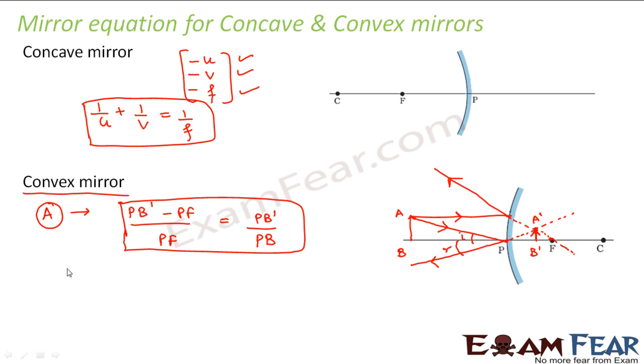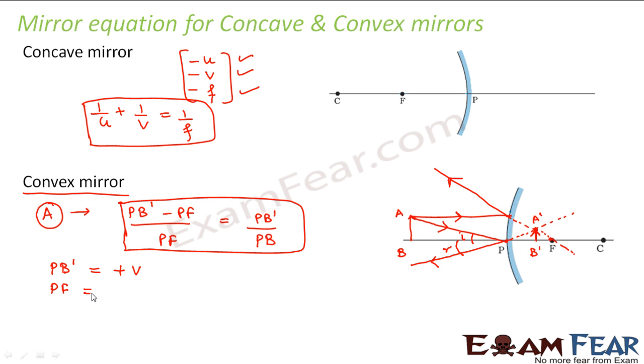So in this case, for a convex mirror, what will happen to these values? PB dash is the image distance, which is v. In this case, v is positive because it is measured from the pole in the direction of the incident ray. So v will be positive.